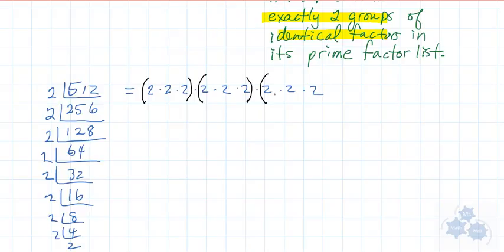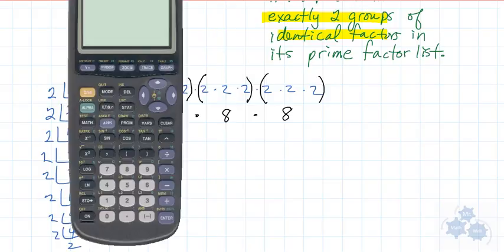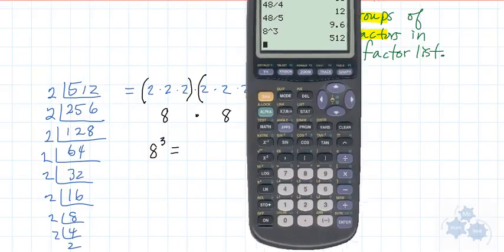And if you notice, I actually have 3 identical groups of 8. So if I take 8 cubed, what does that equal? Well, let's just double check here. On your calculator, you may have a power button that looks like this. That's my to the power of button. You may not have a cubed button, so you might have to do that. Look at that, 512.